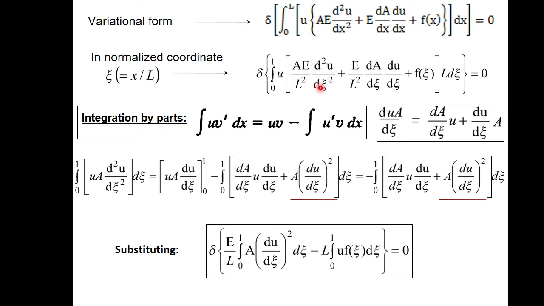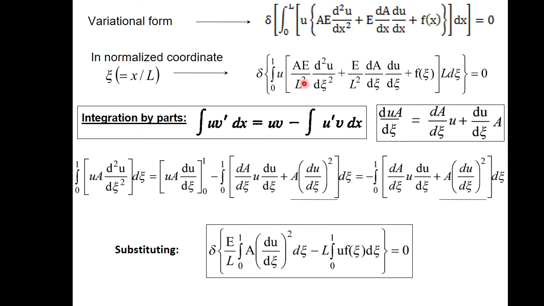Here you see we have a second order derivative, right? Now, this part is say our u, and say this is a derivative of du by dxi, say this v prime. You know integration by parts. If this is the form, this is what we'll get.